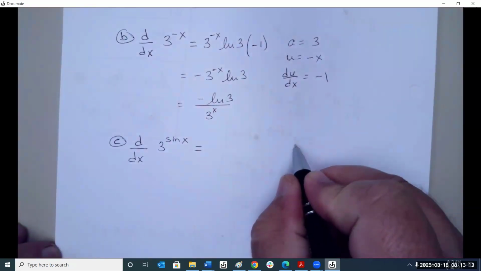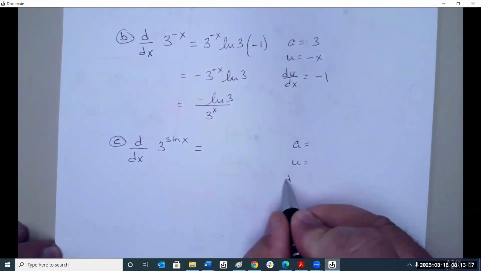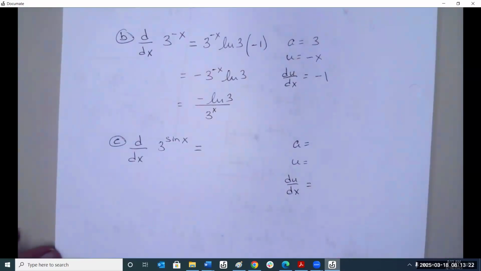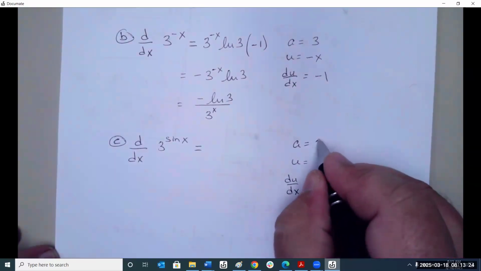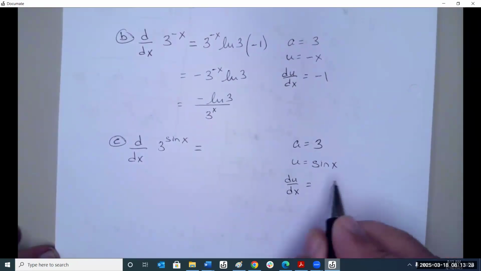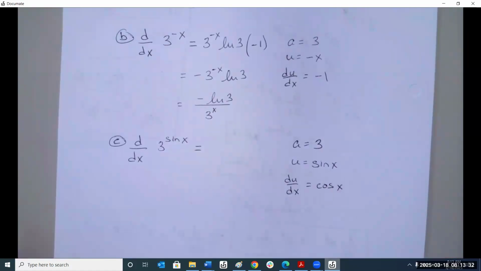Again, we have to find A, U, and the derivative of U. A is 3. U is the exponent, which is sine x. The derivative of sine is cosine.